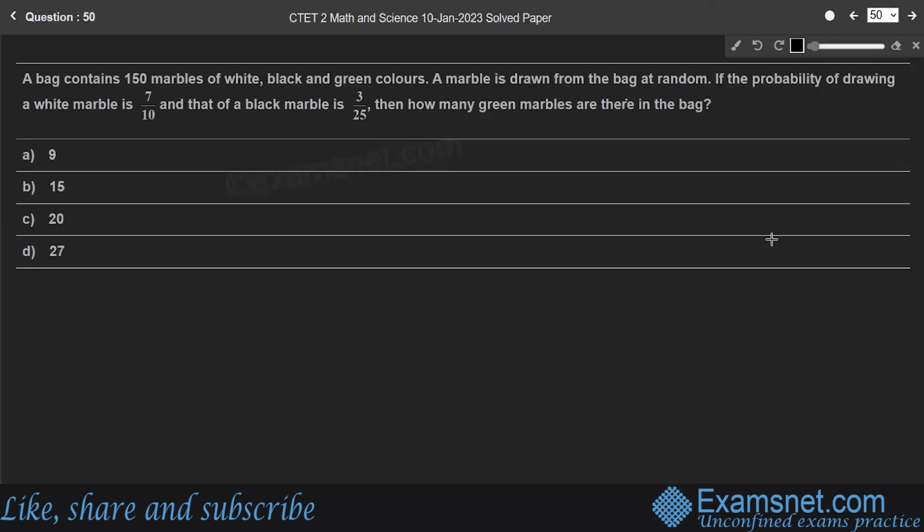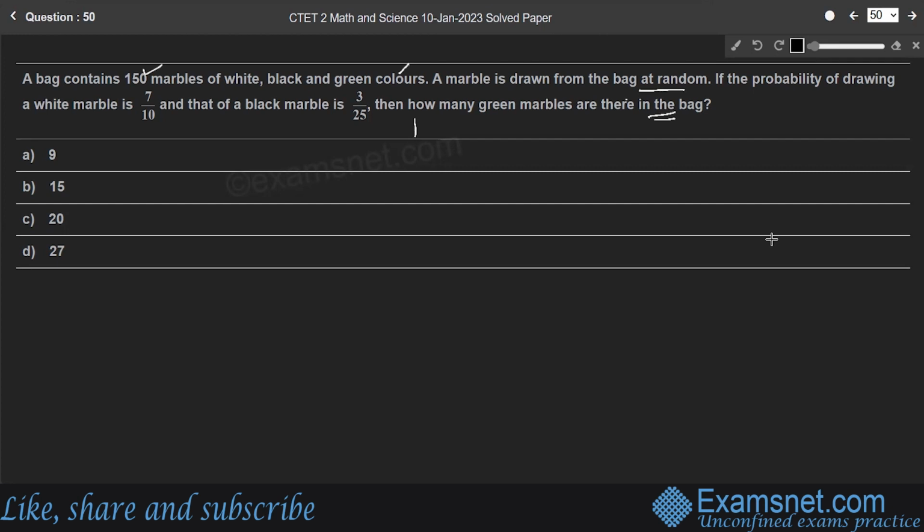Question 50. A bag contains 150 marbles of white, black and green colors. A marble is drawn from the bag at random. If the probability of drawing a white marble is 7 by 10 and that of a black marble is 3 by 25, then how many green marbles are there in the bag?